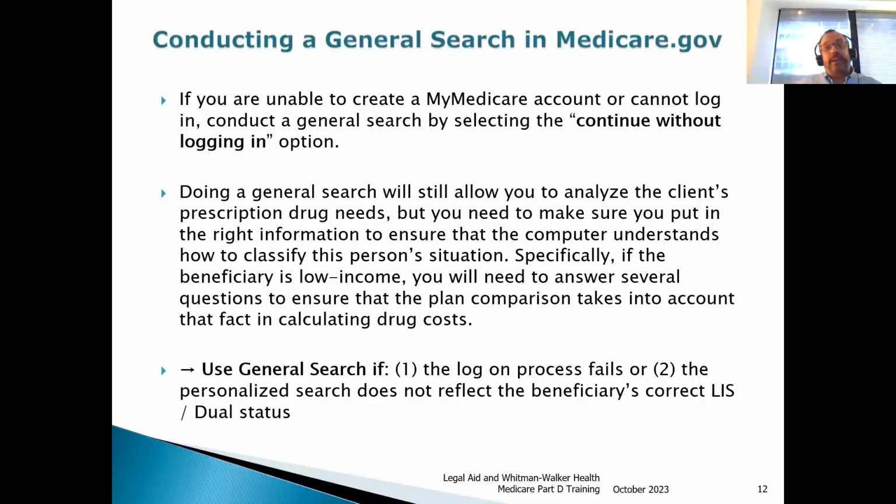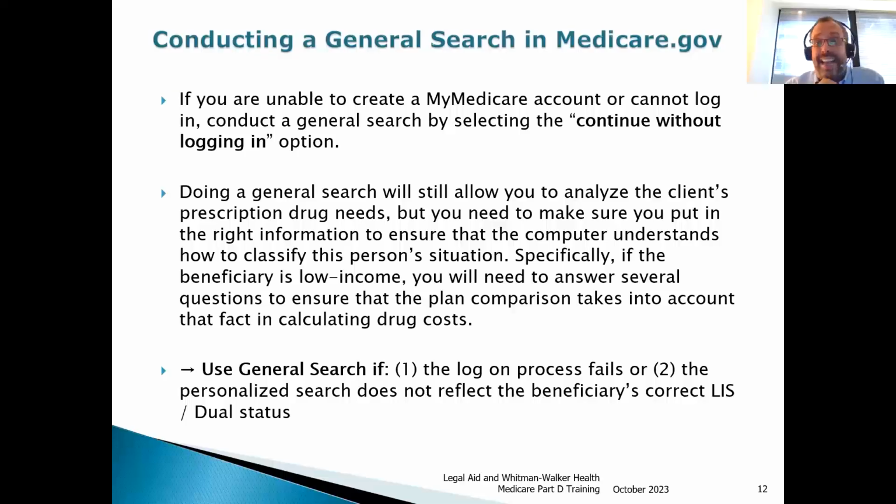And instead, what I'm going to do is talk about how to conduct a general search in Medicare.gov. So the personalized search that someone can use when they have a MyMedicare.gov account, that's how you do the personal search, where you see what plan that person is enrolled in, what medications they've been taking, and you can do that kind of personalized analysis for 2024.